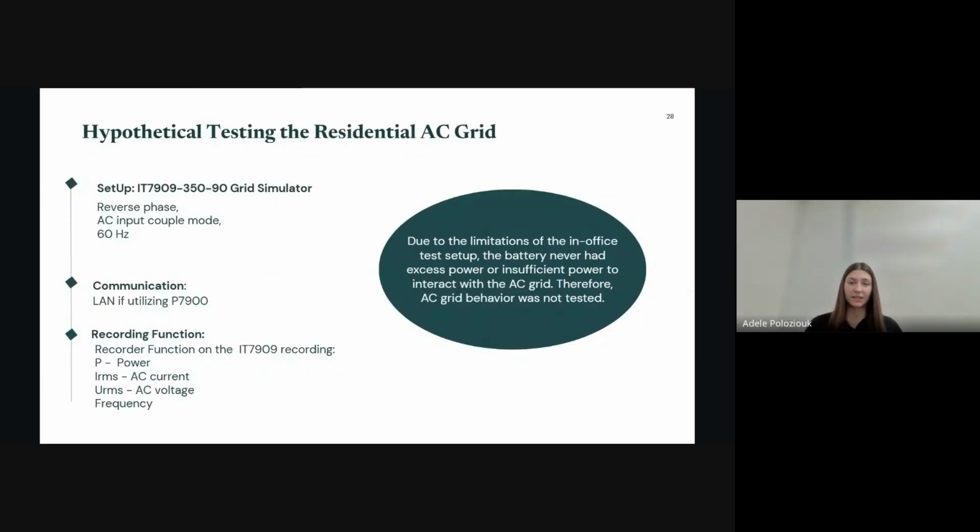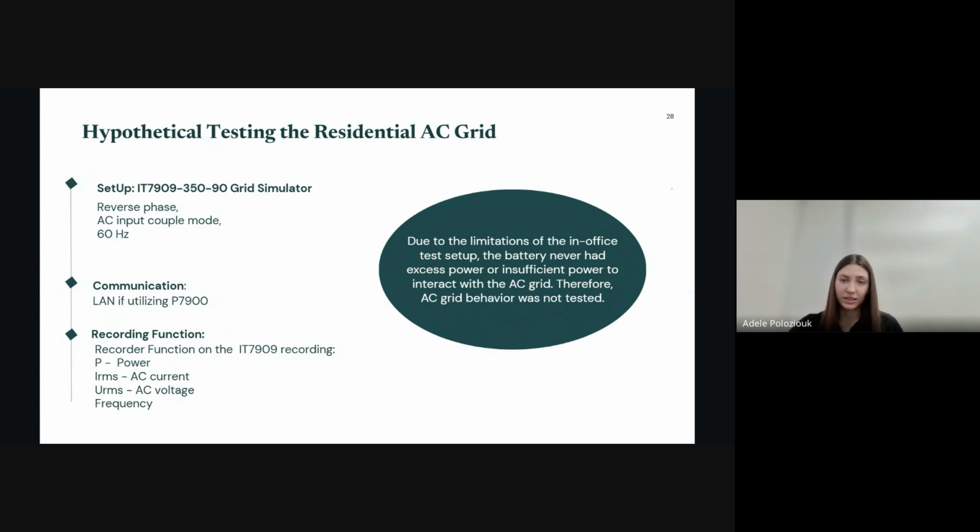Lastly, I tested the inverter's ability to source and sink power from the residential grid. But as a quick reminder, the AC grid acts as a last layer in the system. The inverter will begin to source or sink from the grid after considering power input from the solar array and the battery.